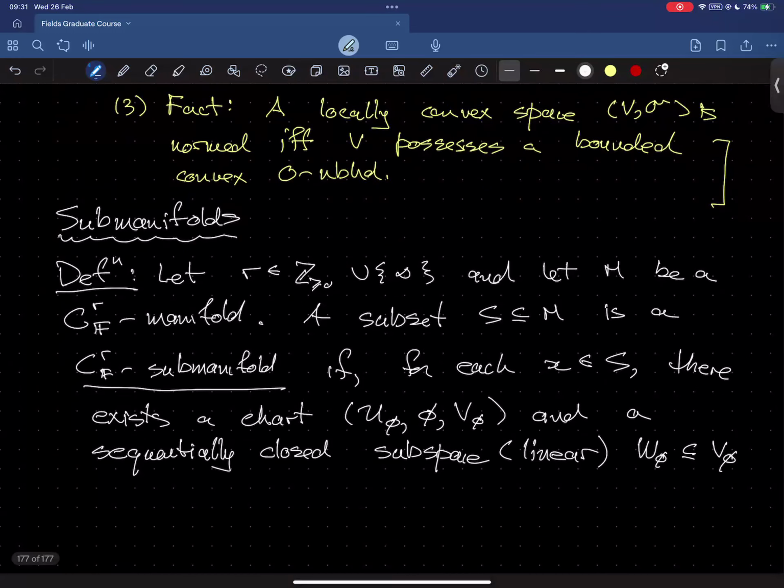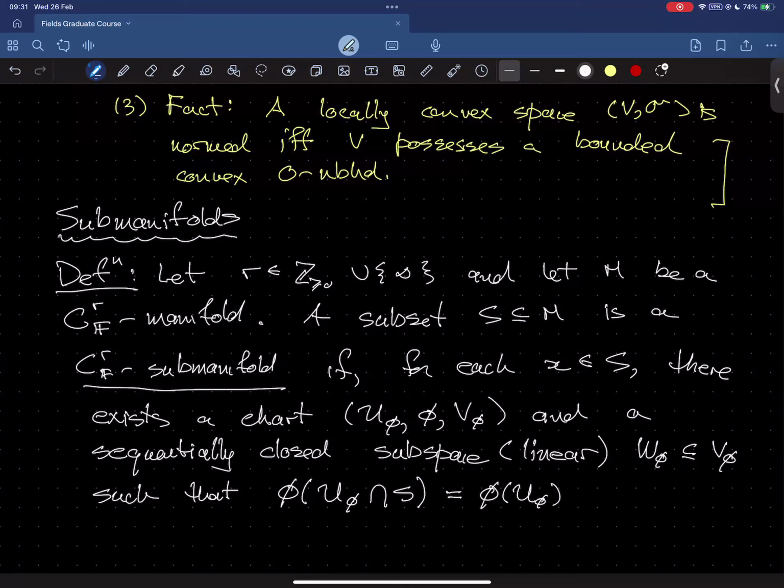Such that phi, the chart, applied to the points that are in the chart domain and are also in S, is equal to the points in the image of the chart domain intersect W phi.